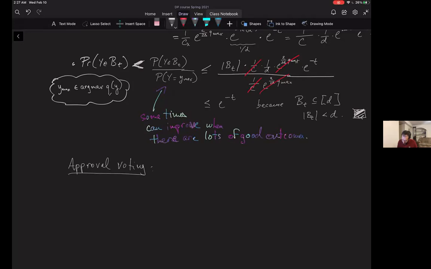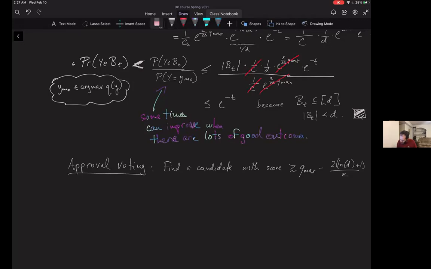It says that we find a candidate with score something like q max minus 2 log of d over epsilon, maybe plus 1. So in expectation it's like this, and with high probability, it depends on how high a probability you want.